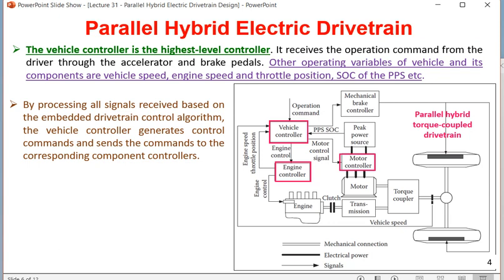After weighing all those sensor inputs, the vehicle controller tells the engine controller what is to be done next, just to satisfy the demand of the driver.